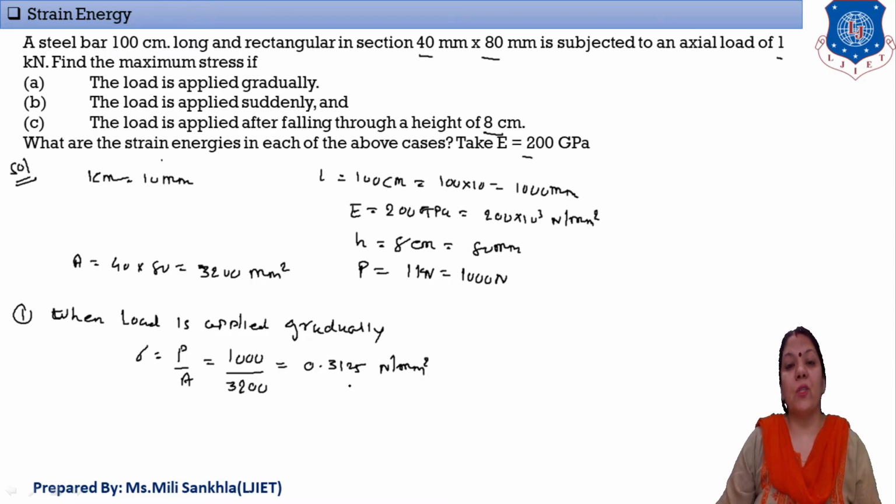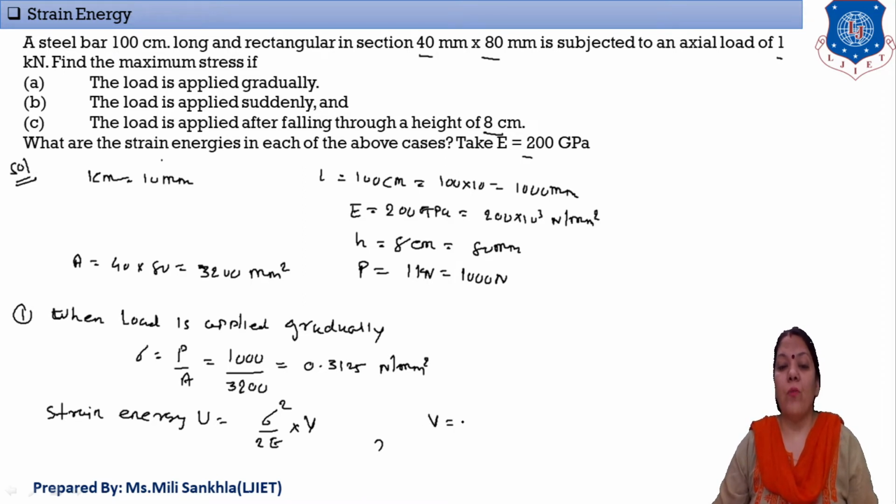Okay, next we find out strain energy. What is the equation of strain energy? Strain energy for gradual loading, U is equal to sigma square divided by twice E into volume, where volume is equal to area into length.